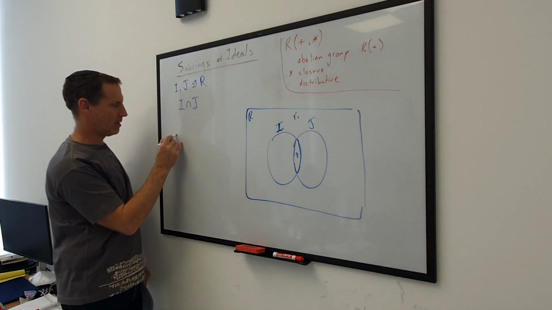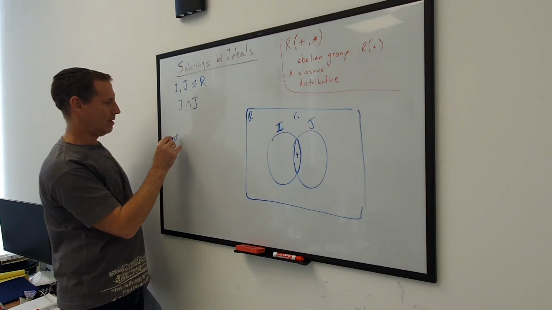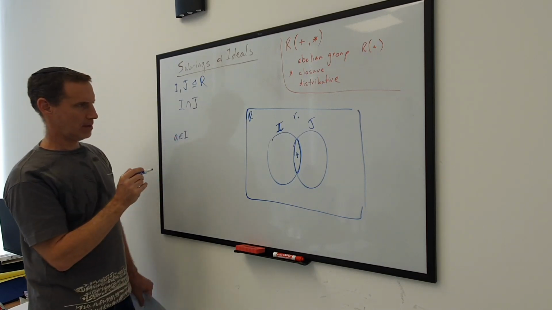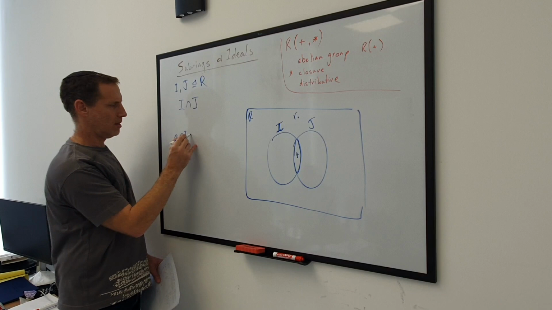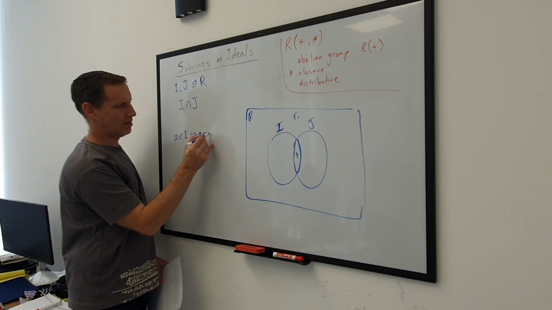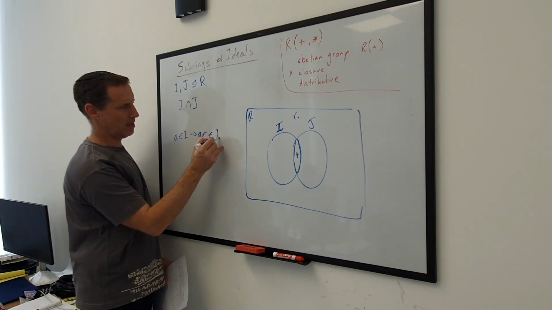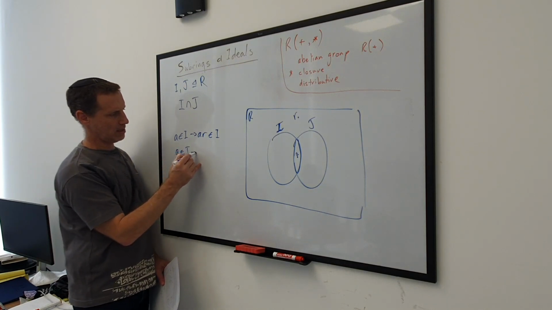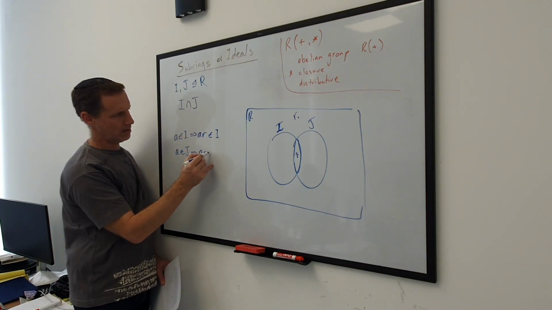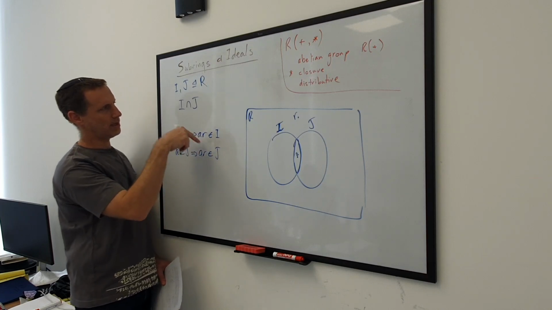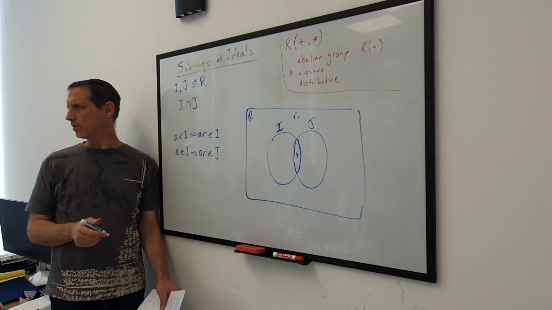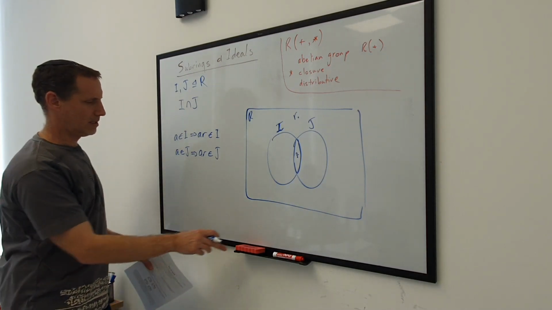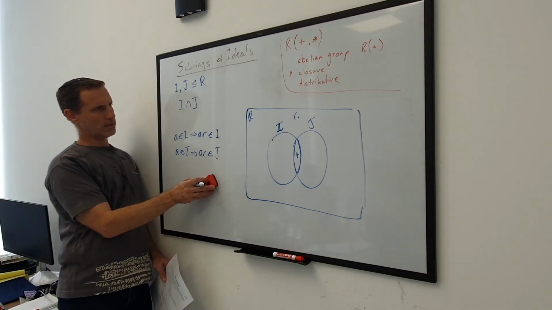So if I take A that belongs to I, then AR belongs to I, and if I take A that belongs to J, then AR belongs to J, so it has to belong to the intersection.